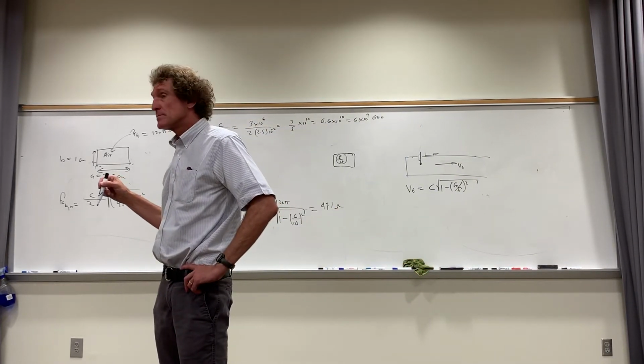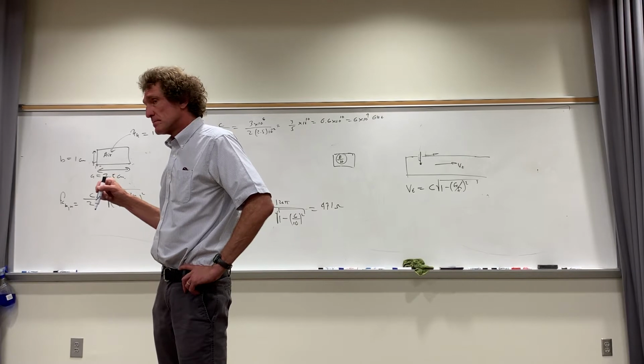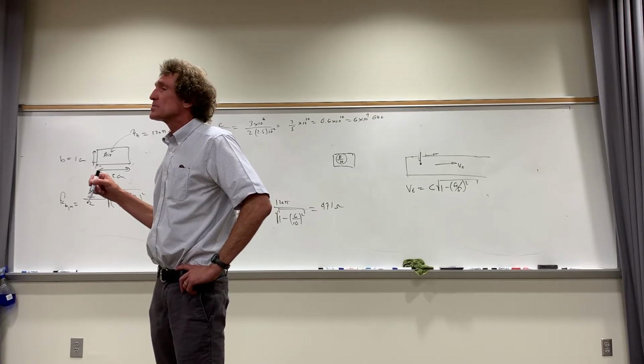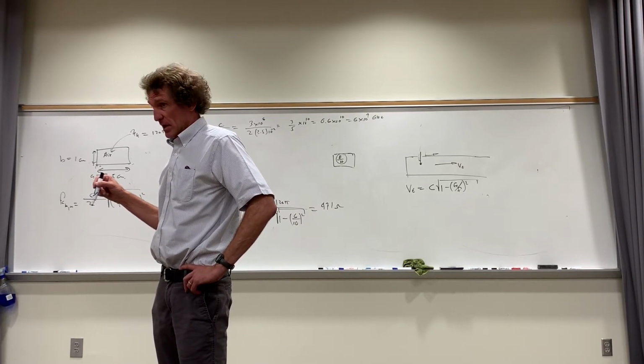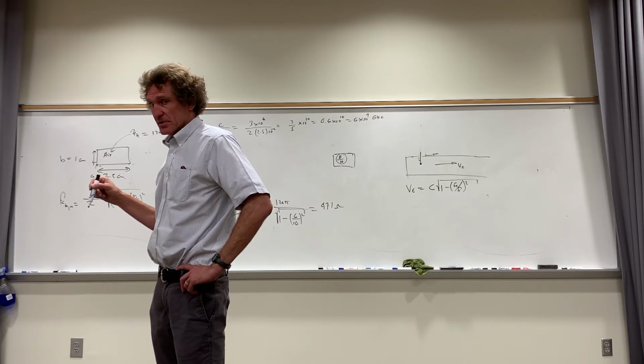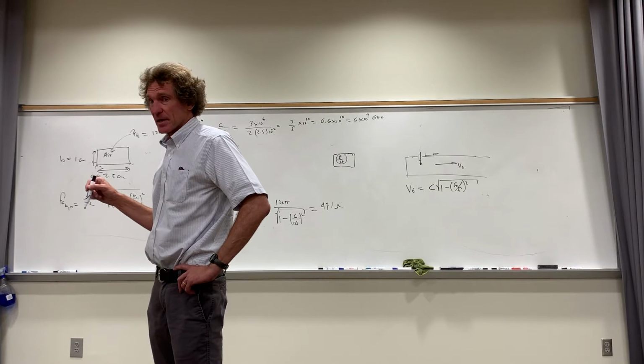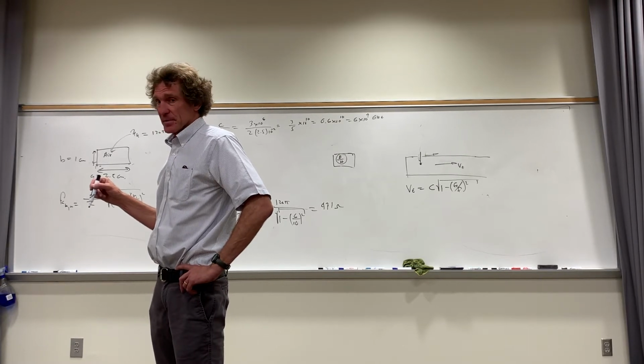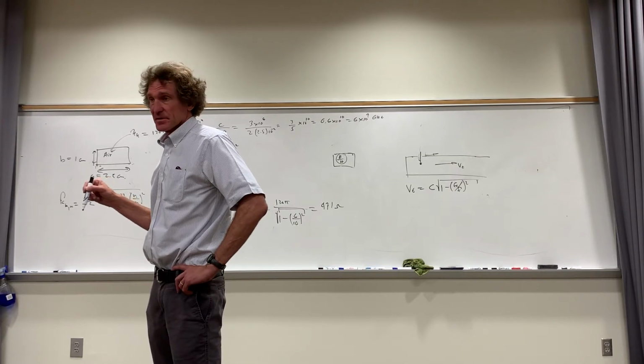Is it C times that square root, or C over the square root? C over the square root of that would be the phase velocity. C times it is the energy velocity. Energy is always propagating less than speed of light. Phase is faster than speed of light. Maybe phase is fictitious. That's the thing.